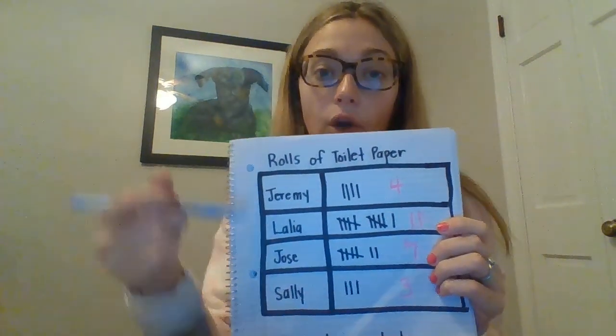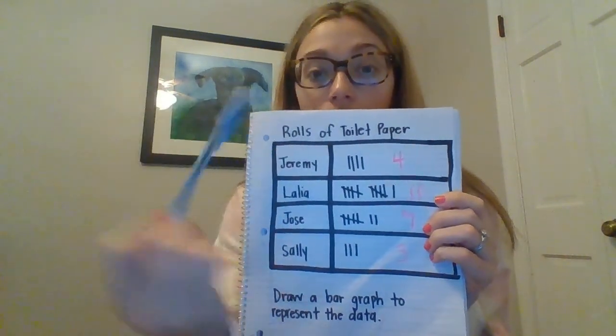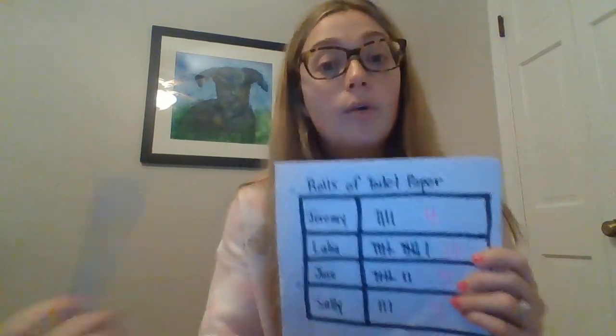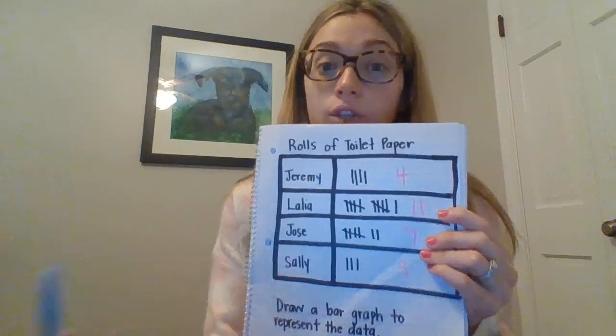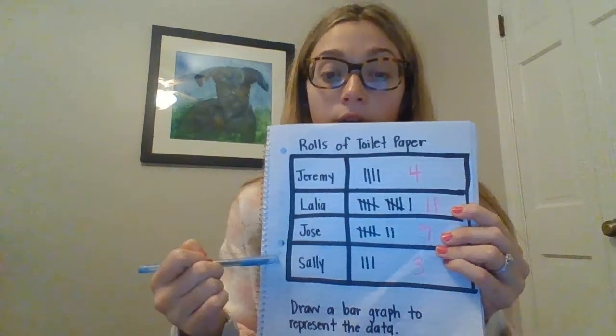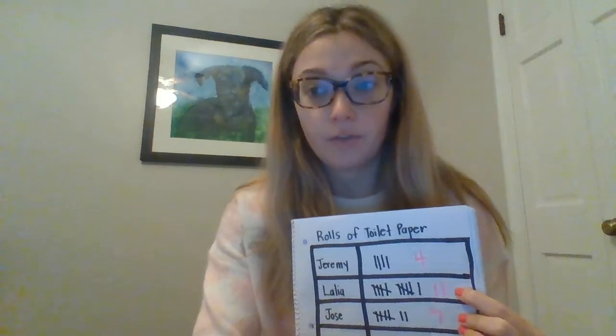Instead of using our bars, you would put your little key and you could say that one circle stands for one roll of toilet paper, or you can make it harder and say that one roll stands for two rolls. However you want, but I do want you to pause and make a picture graph before we move to fluency.